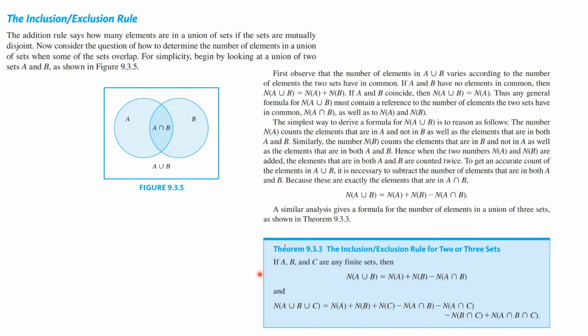Here's the statement of it. The number in A union B is the number in A plus the number in B minus the number in A intersect B. That's even true when they're disjoint, because then this is a 0.